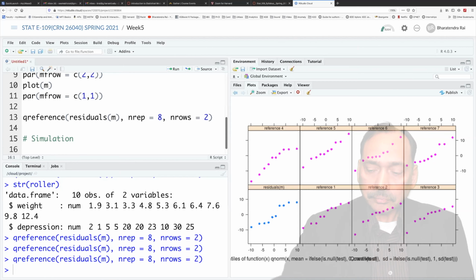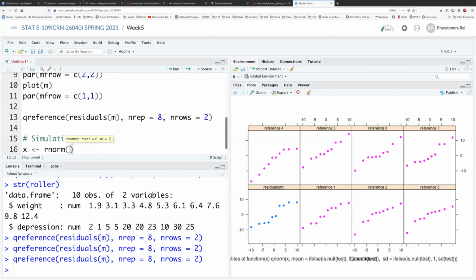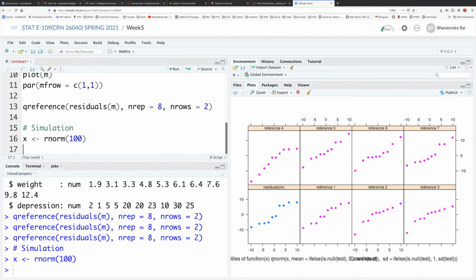Yeah. So we'll do some simulation to look at a few things. Suppose in x, a random independent variable, we put random numbers from the standard normal distribution. Let's go for 100 values, and then we create y, the dependent variable, which depends on x.